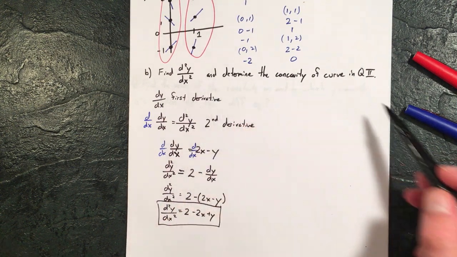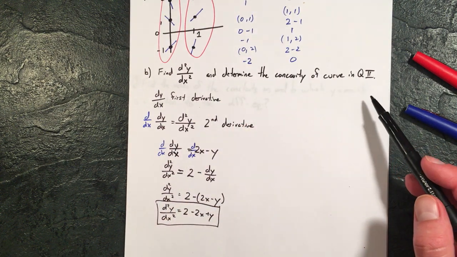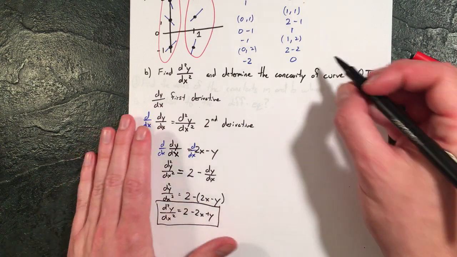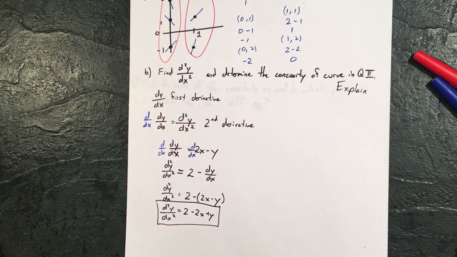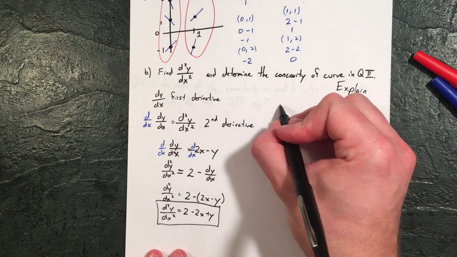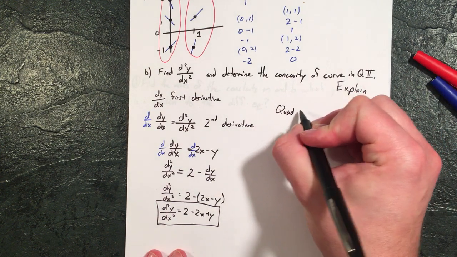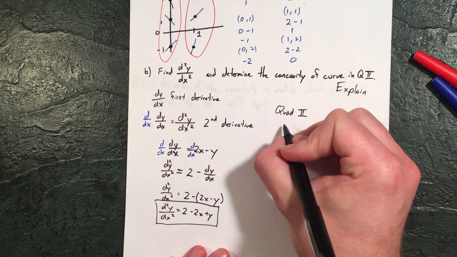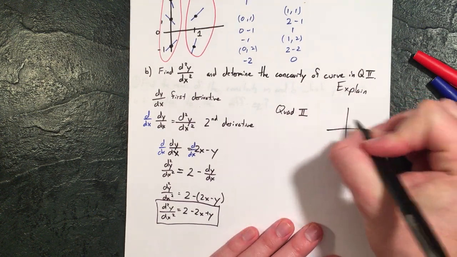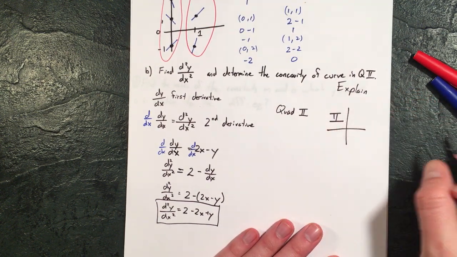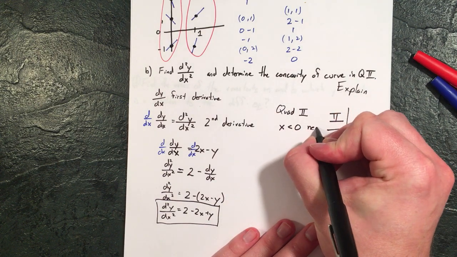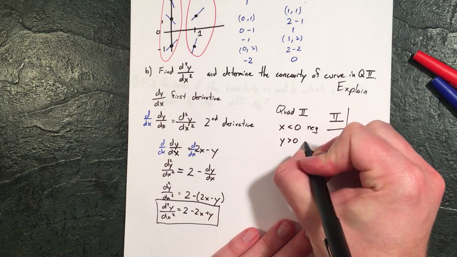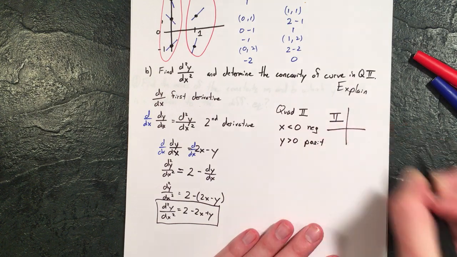However, it also says determine the concavity of the curve in the second quadrant. It also says explain. I probably should have written that. So let's think. If we're in quad 2, that means the x values in quadrant 2. That's over here. The x values are negative, and the y values are positive.